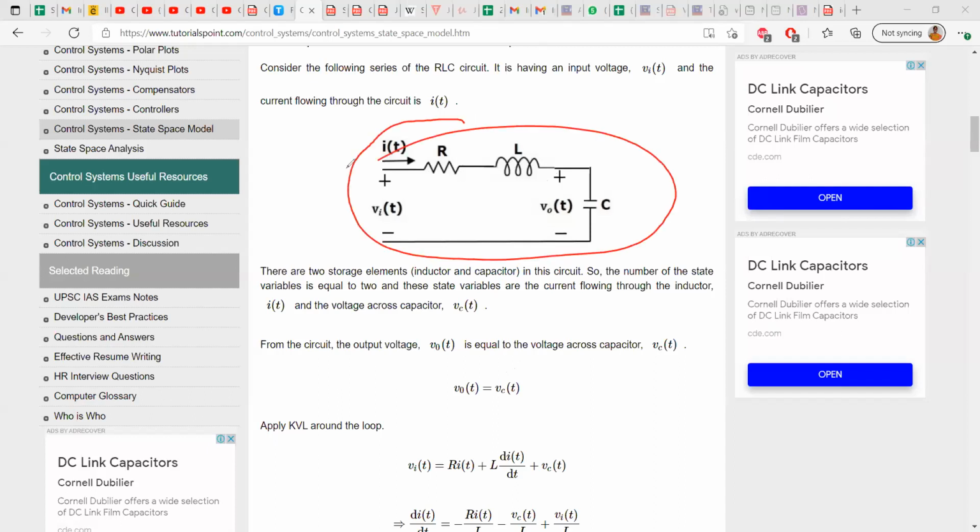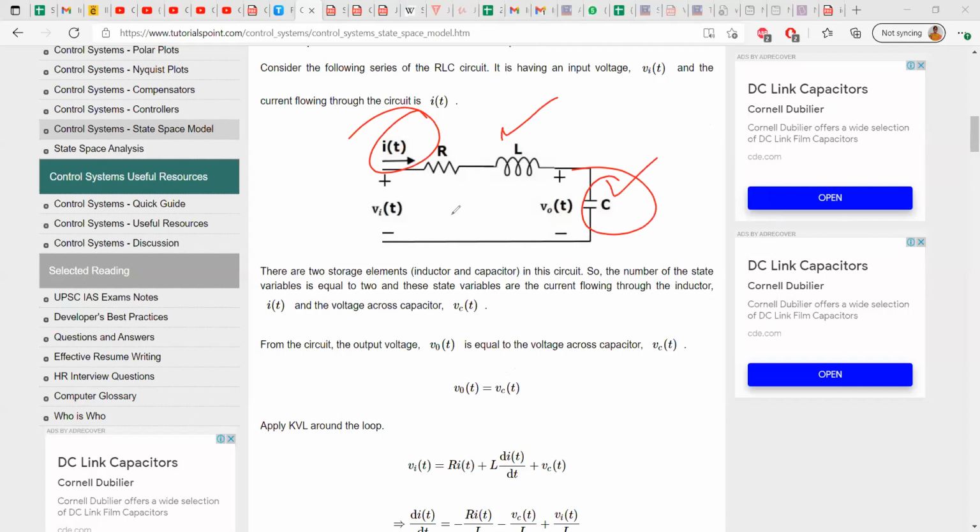Tell me. In this circuit, what are the state variables? Inductor, capacitor, current and voltage across the capacitor.